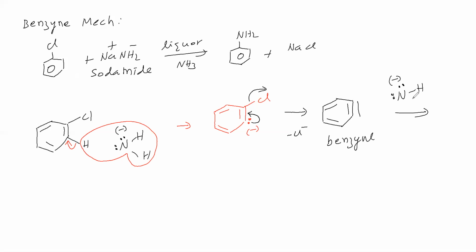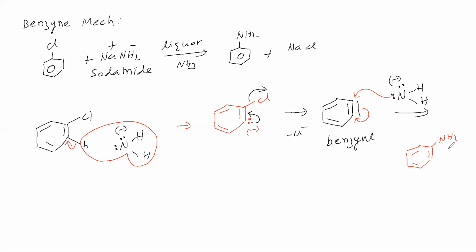This NH2 minus again comes and attacks. How will the NH2 minus attack? That we'll see. If NH2 minus attacks this carbon, then this pi bond will shift to this carbon. So we will get the delocalized pi electron cloud inside the ring.